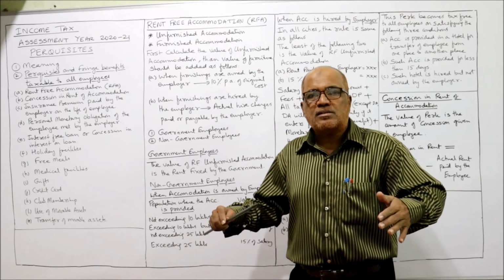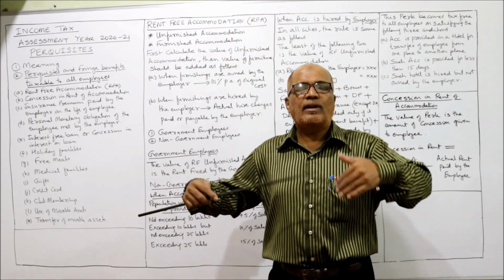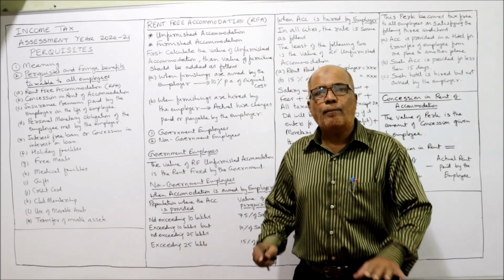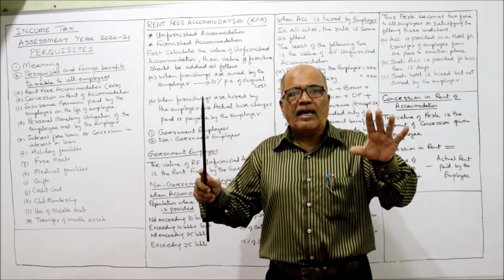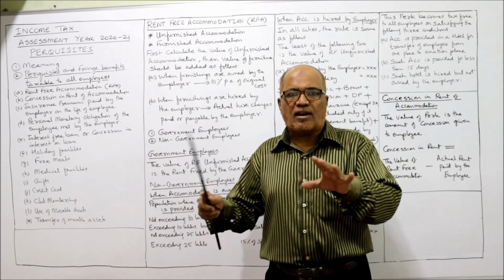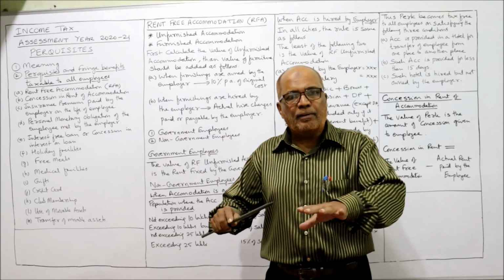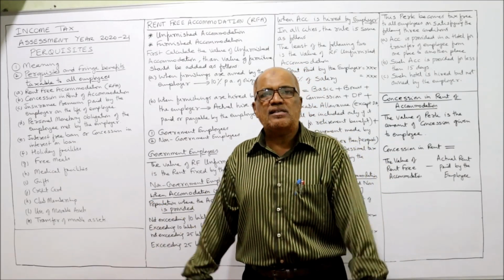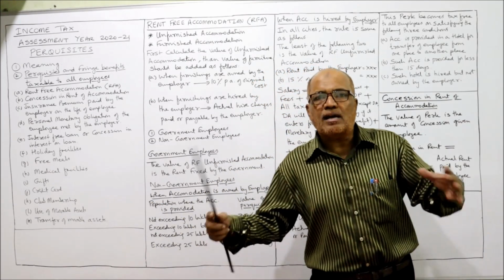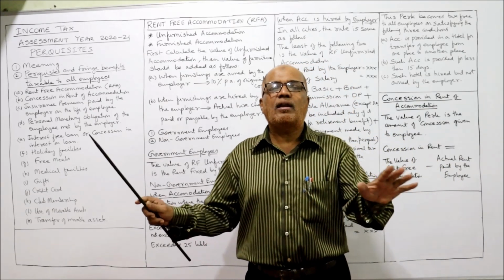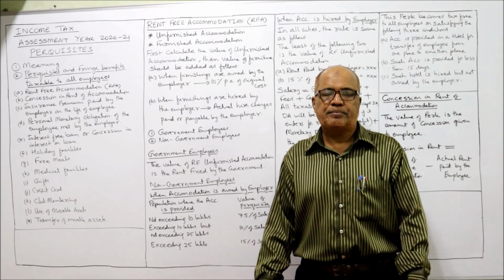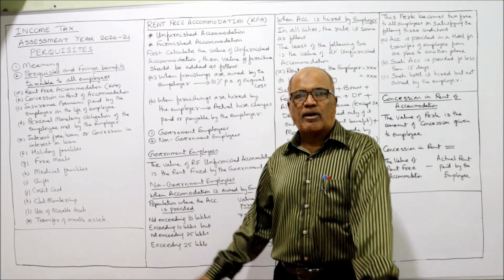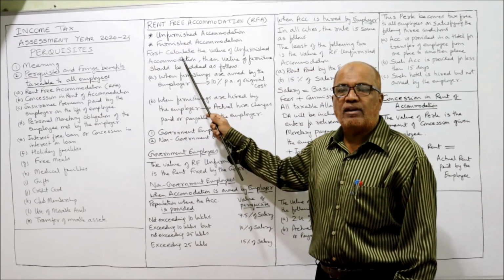Sometimes an employer will give a completely furnished house, with no need to purchase anything. Already AC is there, refrigerator is there, cots and dining table, sofa set, everything is there. That is called furnished. Sometimes the employer will give unfurnished accommodation, where furniture will not be provided and a bare house will be given.